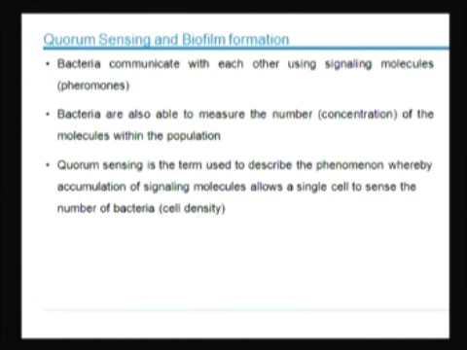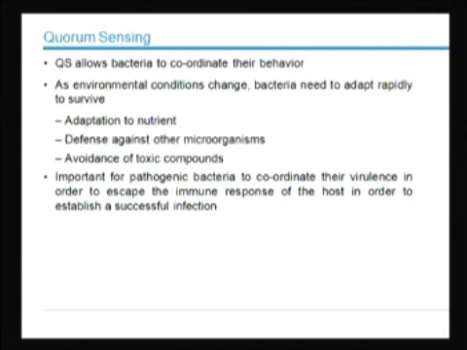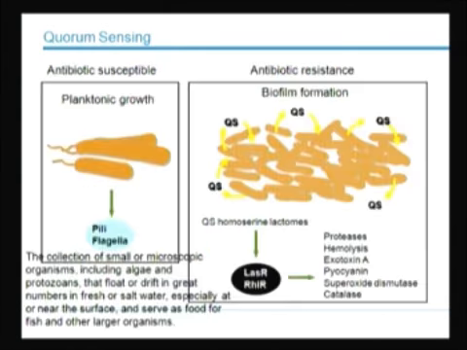By accumulation of signaling molecules, they sense the number of bacteria and the cell density, and they will develop a kind of defense. So they will be able to adapt. They will have an important coordination to improve their virulence and to develop resistance to antibiotics.